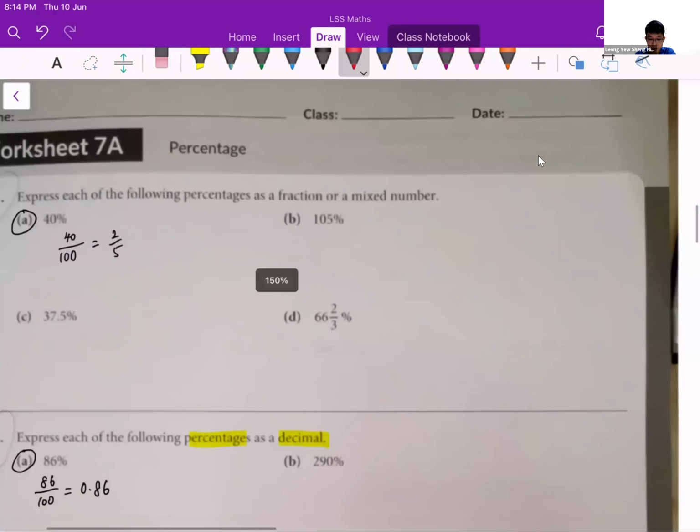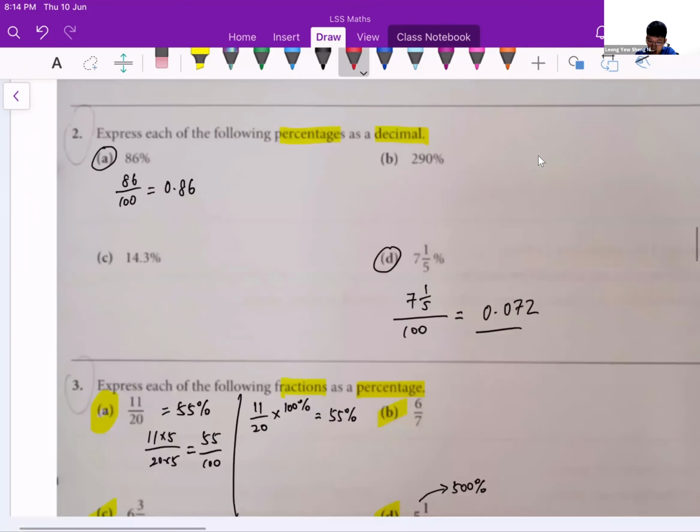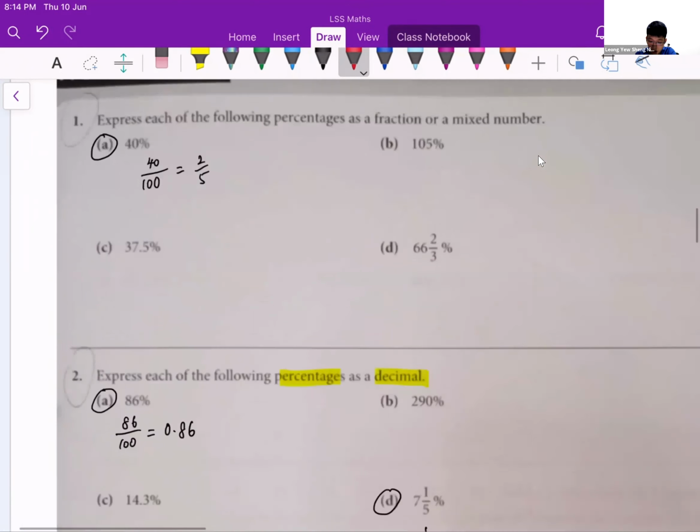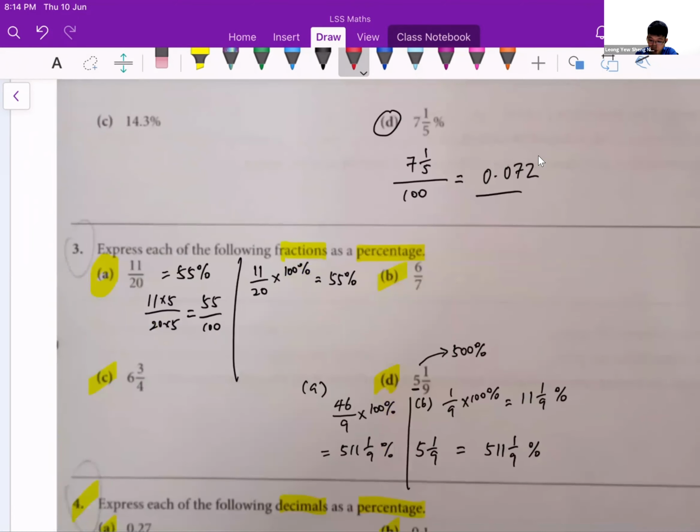Okay, so for example, question 1a, they ask you to convert, okay, let's look at question 3 first. Let's look at question 3a.